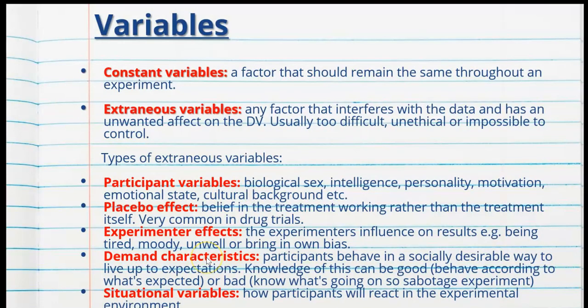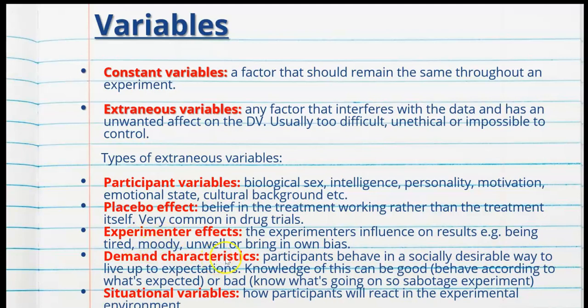Next, we have demand characteristics. So participants behave in a socially desirable way to live up to expectations. So knowledge of this can be good, so we can behave according to what's expected, or it can be bad. All right, so we know what's going on, so we sabotage the experiment. So in other words, all right, people, or participants, I should say, will give socially desirable answers or change their behavior in some way, all right, which is not realistic.